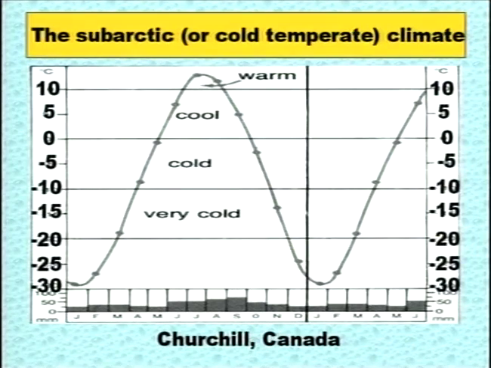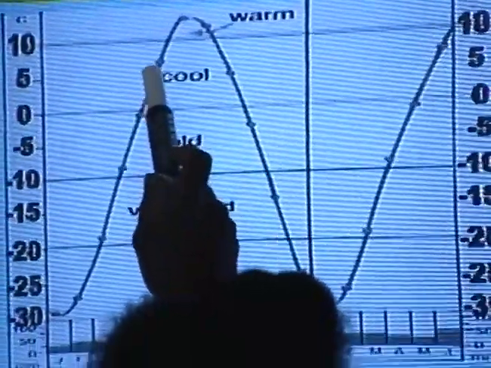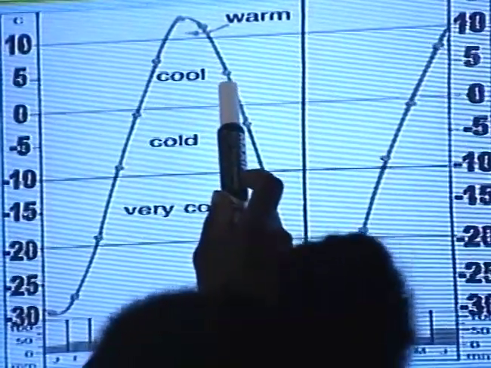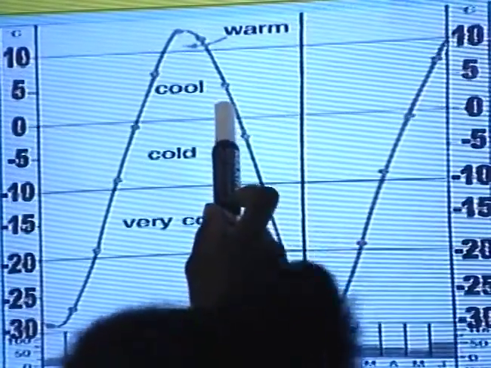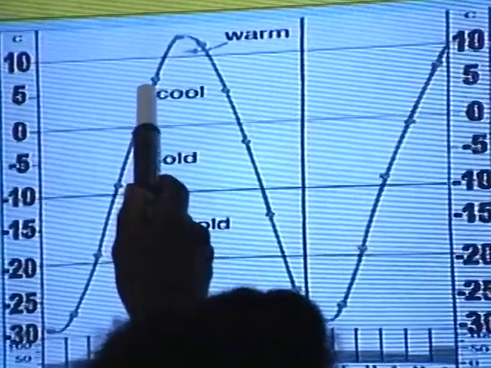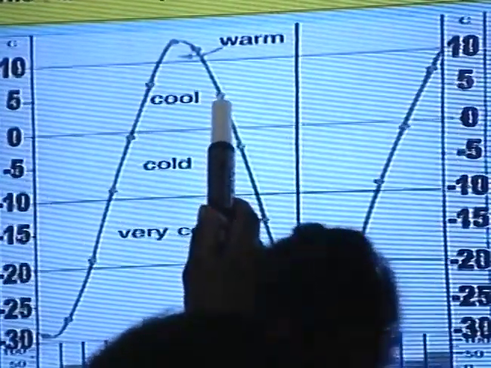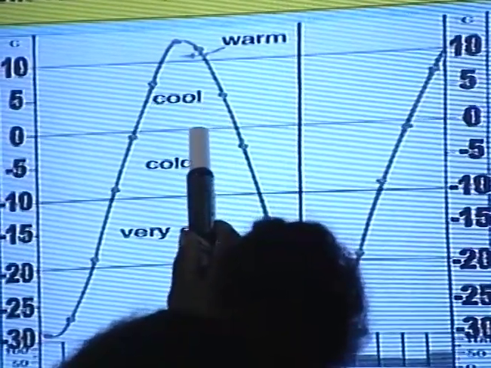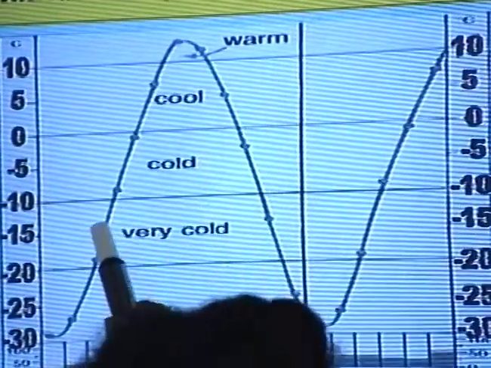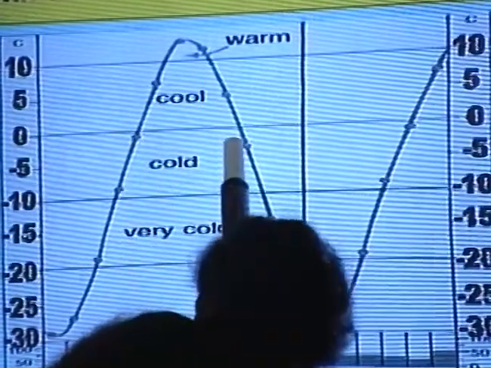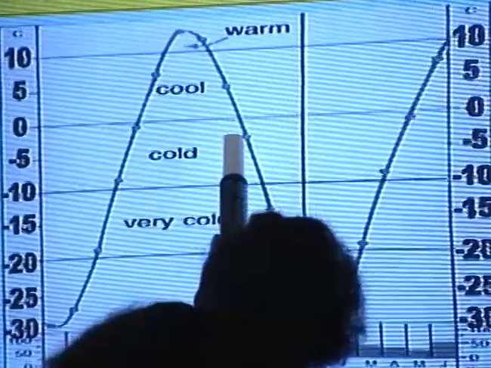So we have the 0 degrees Celsius here. You can see the dots there that represent the average temperature for the months of the year. And here we can see that there are only 4 months of the year where temperatures are above 0. The rest of the months, temperatures are below freezing.